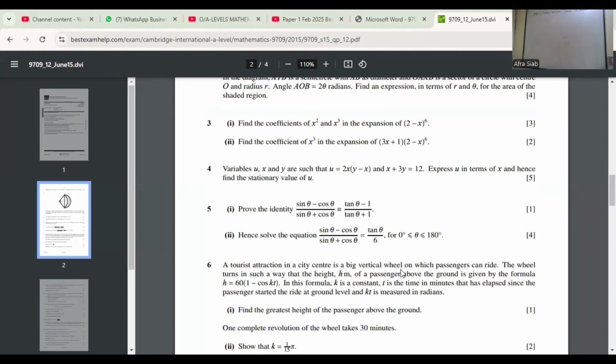Prove the identity (sine theta minus cos theta) over (sine theta plus cos theta) is identical to (tangent theta minus 1) over (tangent theta plus 1). Hence, solve the equation (sine theta minus cos theta) over (sine theta plus cos theta) is equal to tangent theta over 6 for the interval from 0 to 180 degrees.